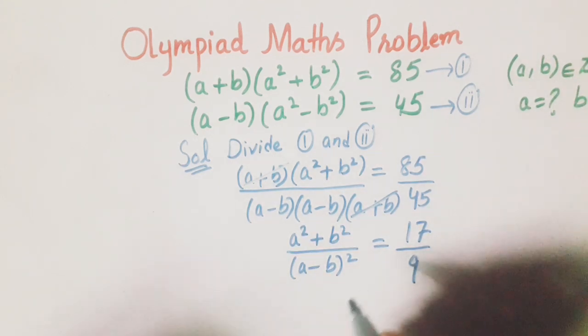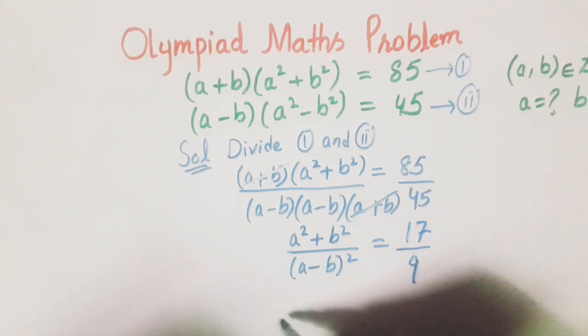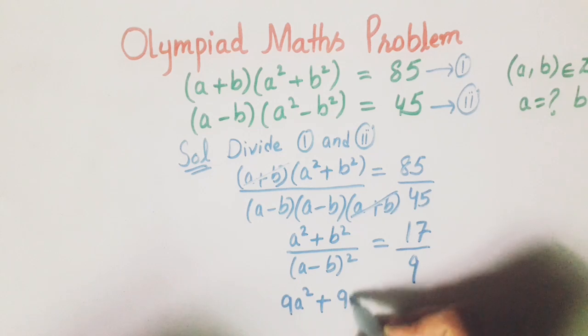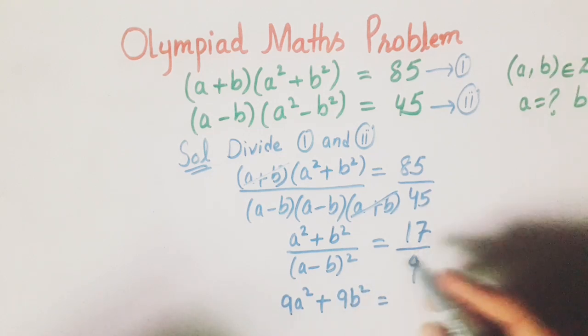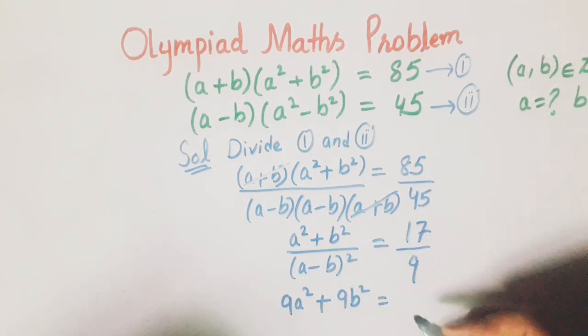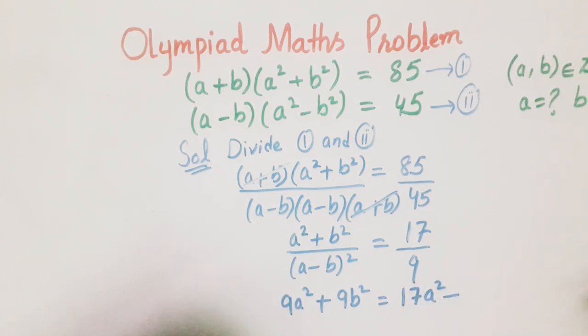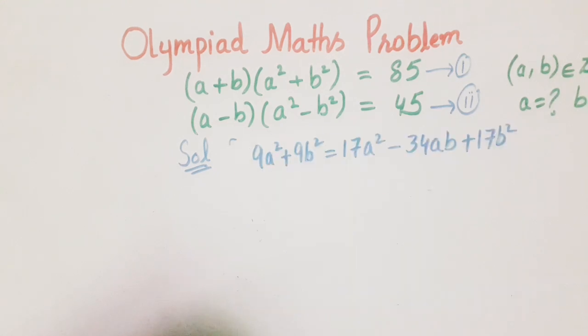Then we get, when 9 is multiplied by this, 9a square plus 9b square, and this side equals, when 17 is multiplied by (a minus b) whole square, we get 17a square minus 34ab plus 17b square. Now we will form a linear equation.